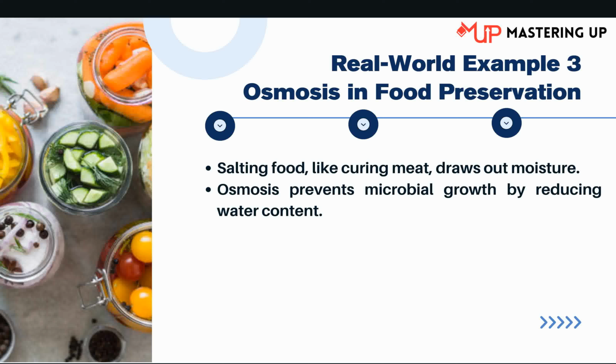Osmosis is also used in food preservation. For example, salting meat or pickling vegetables, which draws out water from the food and prevents microbial growth by reducing the available moisture.